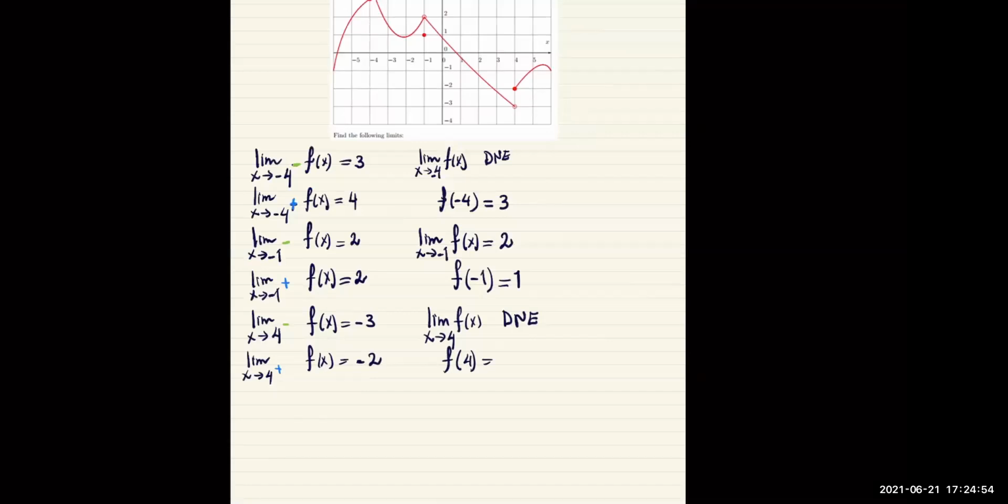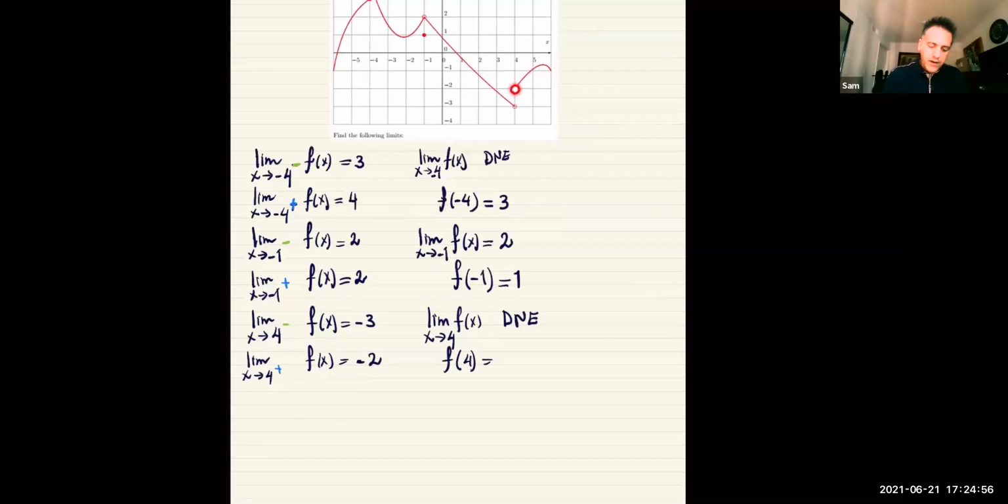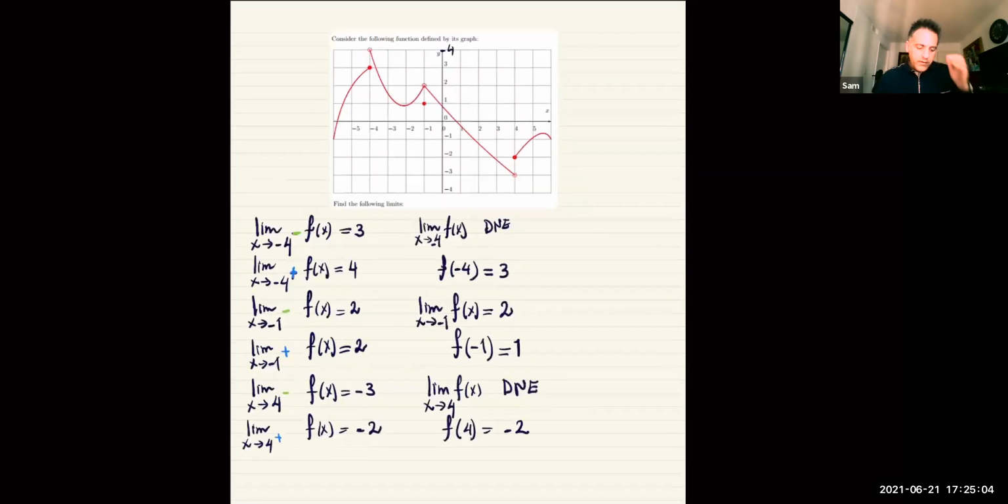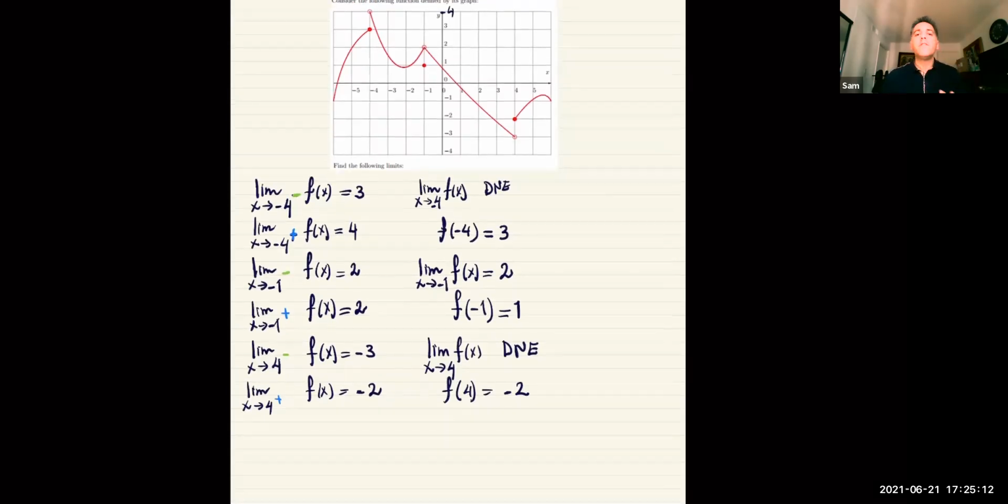It would be -2. Excellent. Yeah, right there. So this hole doesn't count, but yeah, -2. Very good. And that's it. Okay? If you understood what's going on here, then you definitely understand limits.